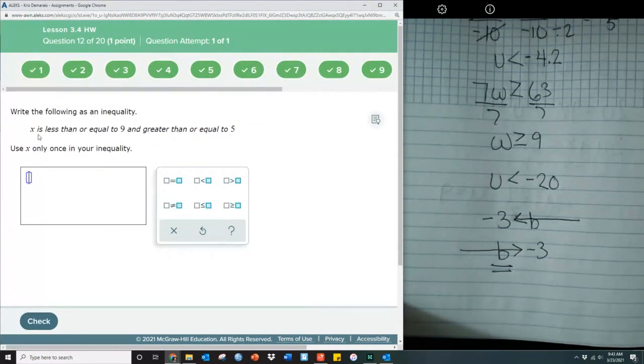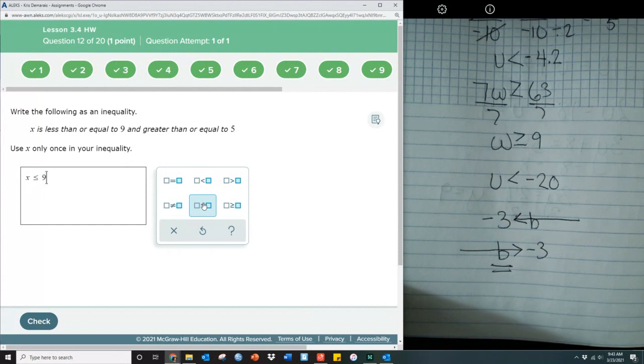Now we write the inequality. X is less than, so let's go ahead and put X. X is less than or equal to, so less than or equal to is right here. Less than or equal to 9. But it says 9 and, okay, so 9.